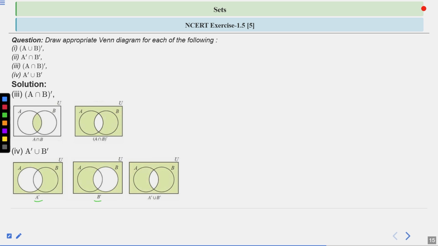The common part which is not shaded is this. So shade everything except the common part. You get your A complement union B complement like this, and both are the same. Okay. I hope all four Venn diagrams are clear to you. Moving to next.